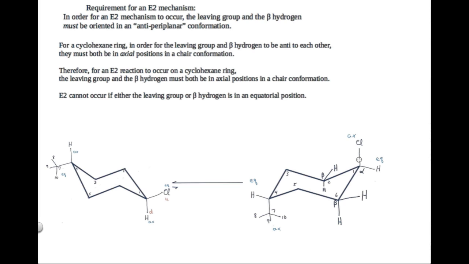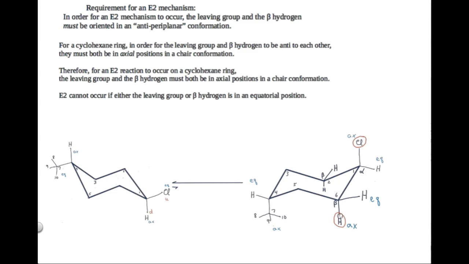Now, do you see how this axial chlorine could do an E2 with this axial hydrogen? This hydrogen is axial, this chlorine is also axial, and I think you can see they really are oriented anti to each other. The chlorine is pointing straight up from the ring, and the hydrogen is pointing straight down from the ring.